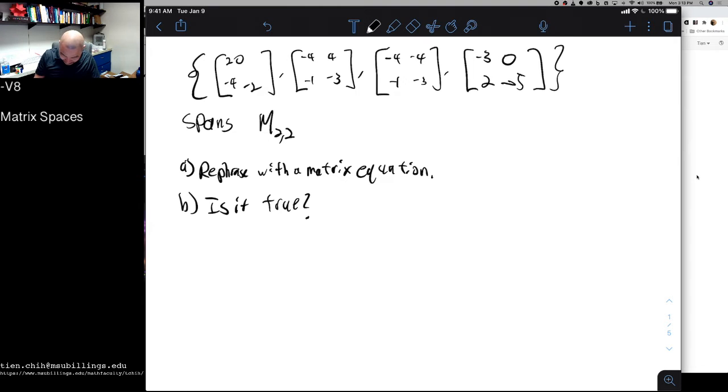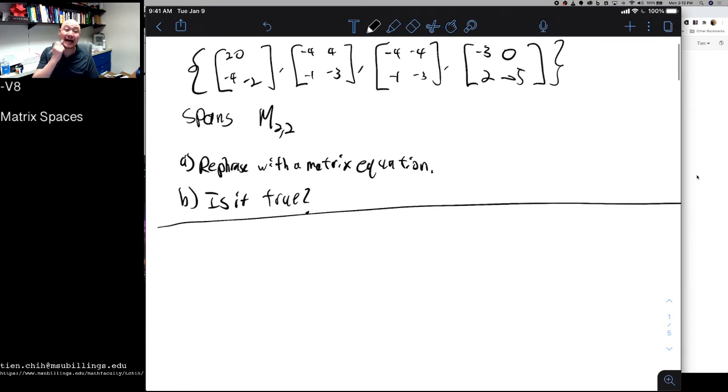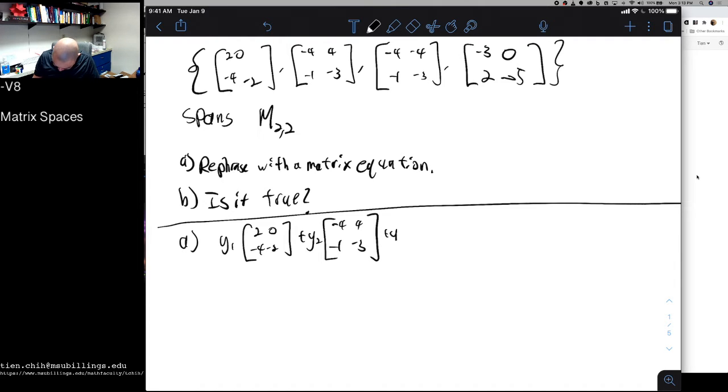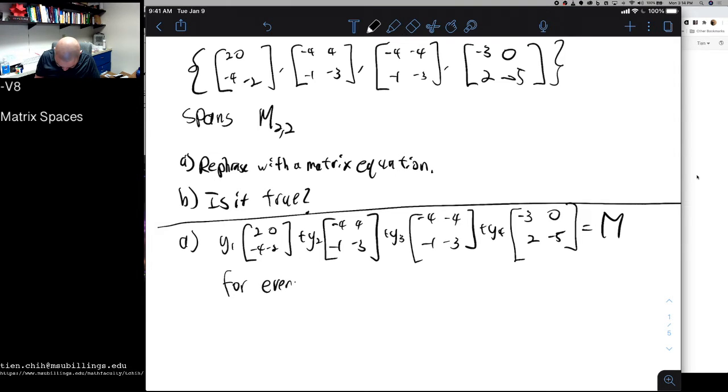So, if I want to write that as an equation of some sort, what I'm claiming is that, just like with polynomials or vectors, I can go to M22, pull out any matrix M, any 2 by 2 matrix, and no matter which matrix I pull out, I can always find a y1, y2, y3, y4.